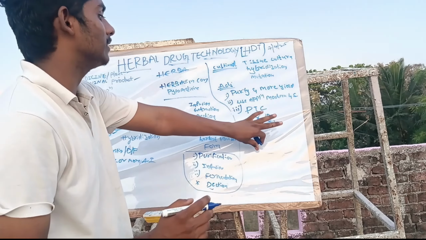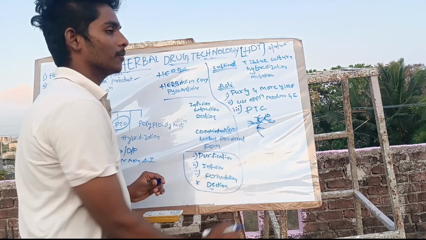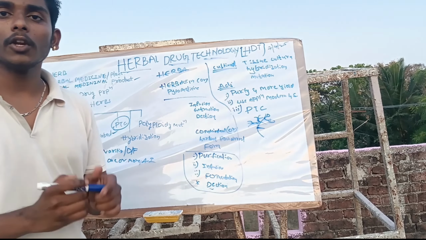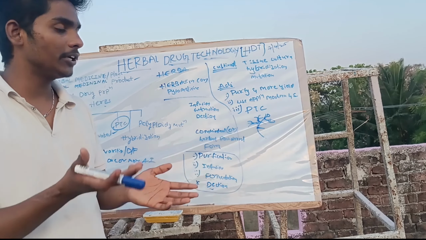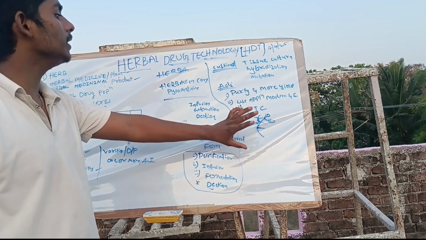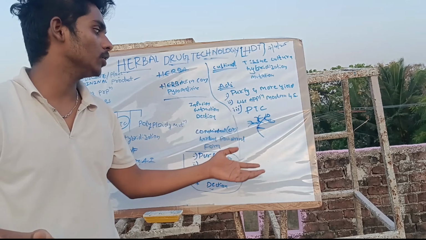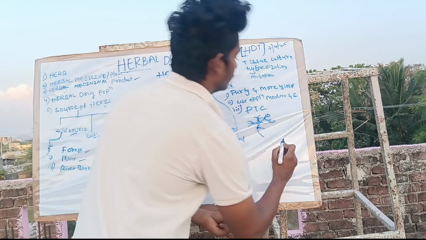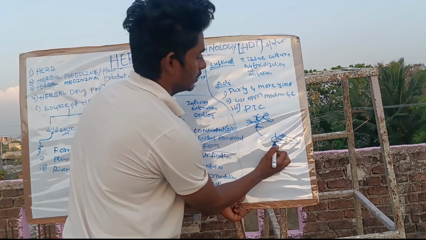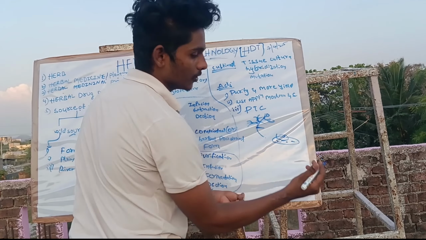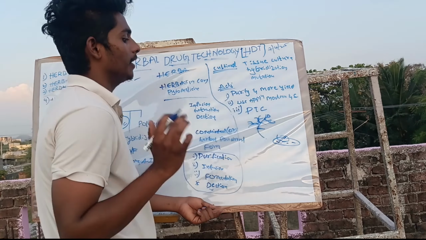By using these parts of plants in nutrient media, we can grow or generate the plant tissue culture in the nutrient media. For example, this is a beaker, or any type of container. This is the nutrient required to grow the plant tissue culture.